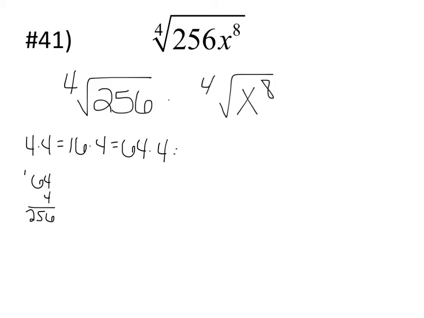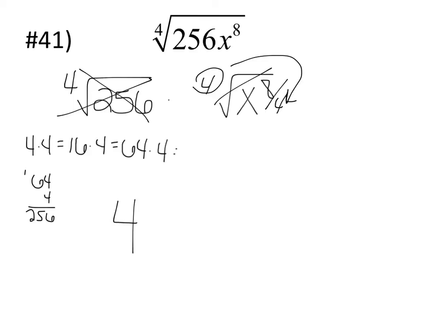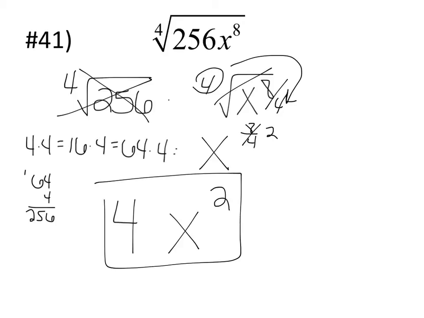Okay, so we know we've got 1, 2, 3, 4, so the 4th root of 256 is just 4. So we did that one. Now we're going to take this index and make it our denominator. Remember, when we do that, our radical goes away. So I have x to the 8/4. We know 8/4 is just 2. So this becomes x squared, so your answer is 4x squared.